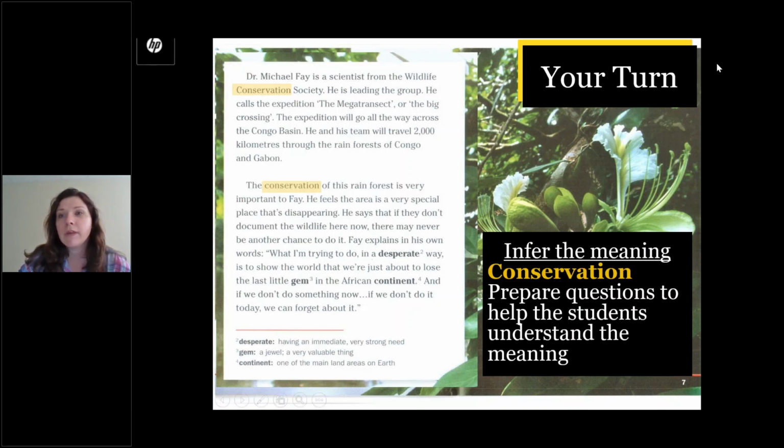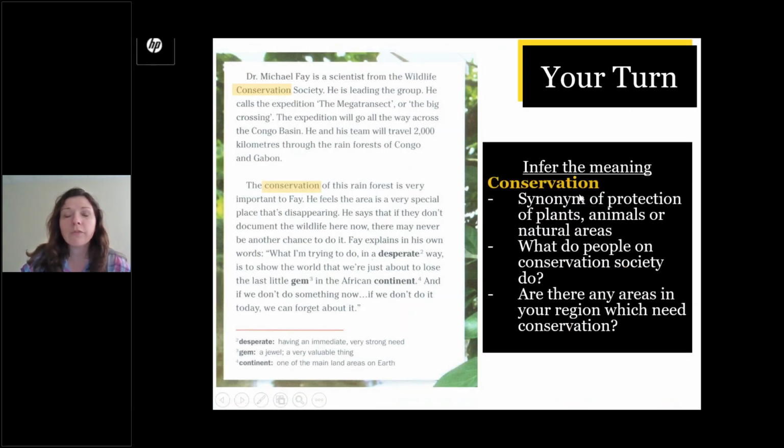Now some of the ideas that came to my mind. So first of all, try to find a synonym for the protection of plants, animals, and natural areas. So here is a conservation society. So what do people in the conservation society do? What is their job?